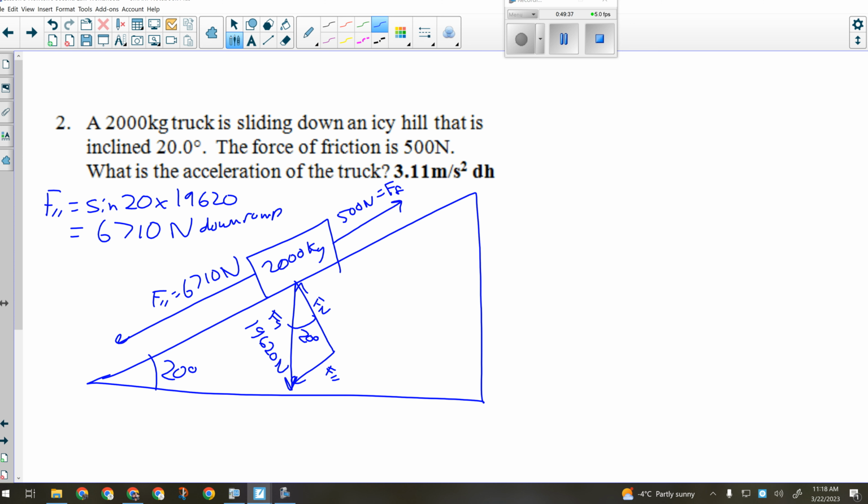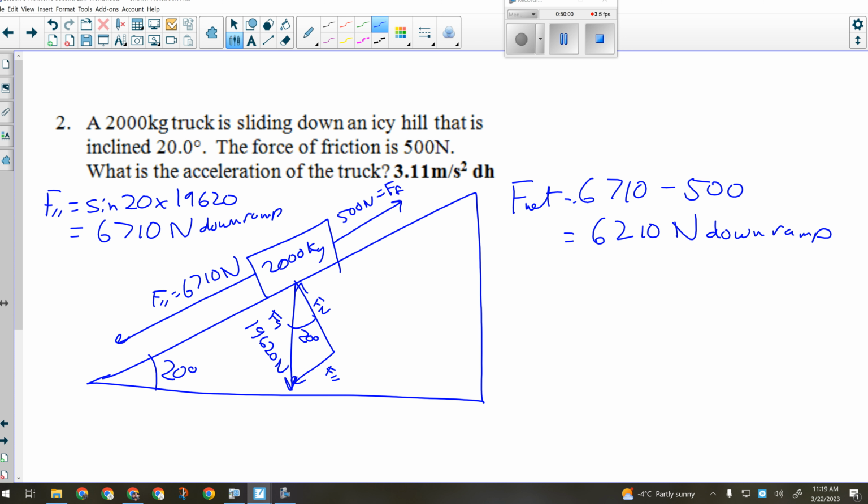What do I do with these two forces? Vector sum, right? I've already done part of the vector sum. Now I'm going to do this part of the vector sum. So F net is going to be 6,710 newtons down the ramp minus 500 newtons up the ramp. That's going to give me 6,210 newtons down the ramp as my net force.